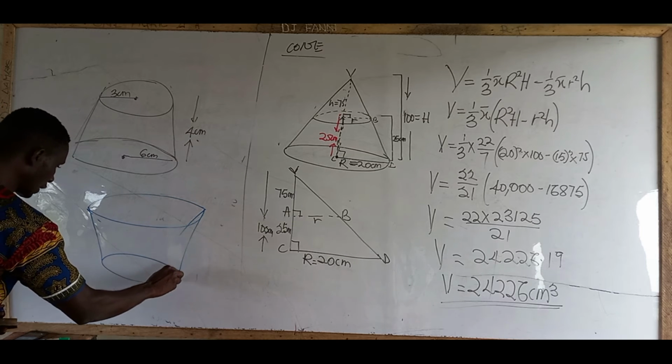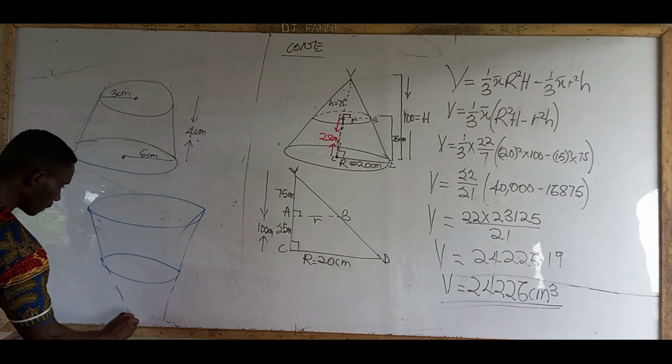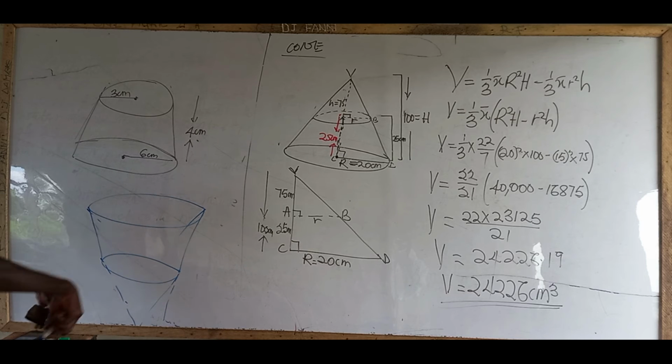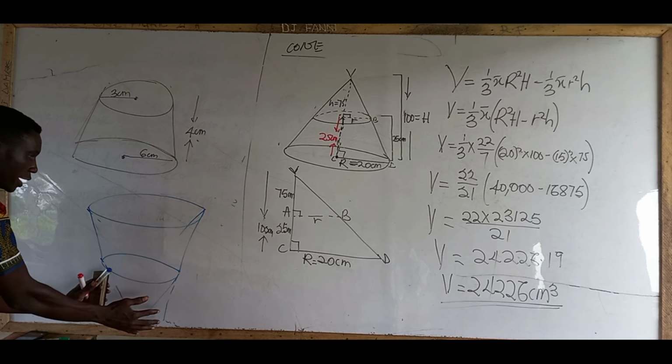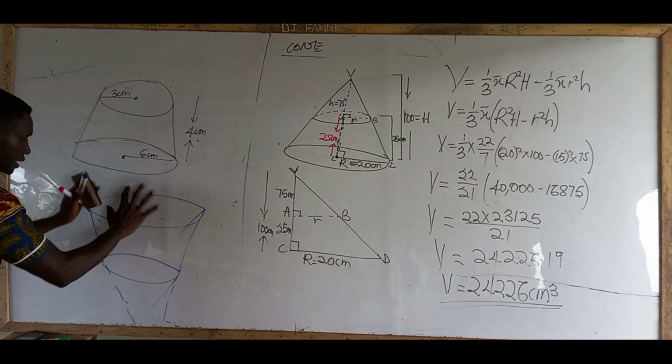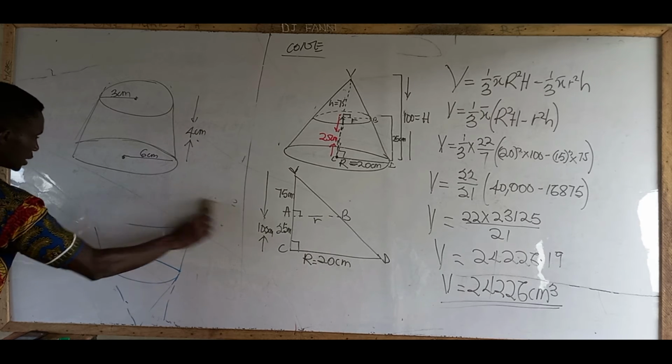So you continue like this to form a cone down, so that if you subtract this one from the whole volume, you will get the volume of the bucket. That is how it is.